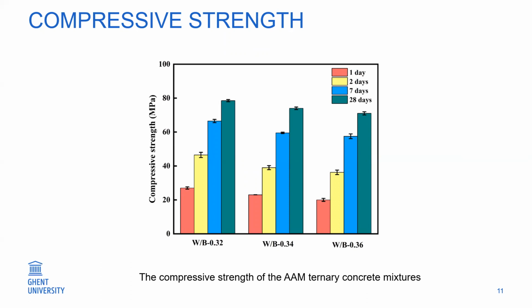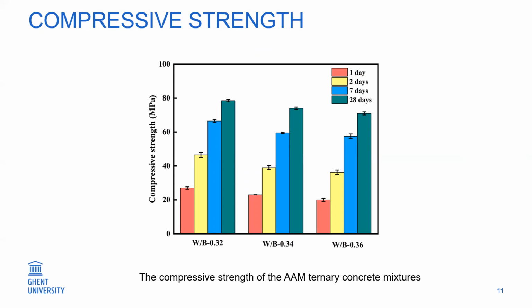The concrete mixture with the lowest water to binder ratio displayed the highest compressive strength on all testing days compared to the other mixtures. The concrete mixture with water to binder ratio of 0.32 displayed a higher compressive strength of 17.5% and 8% after 1 day and 11.5% after 28 days of curing compared to the mixtures with the water to binder ratios of 0.34 and 0.36 respectively.